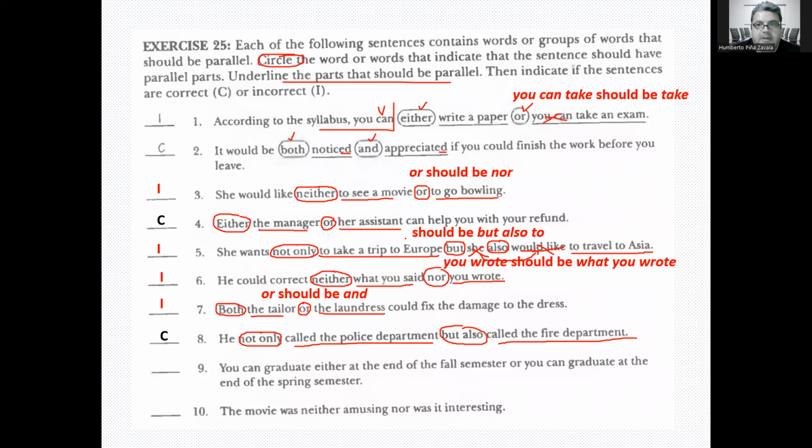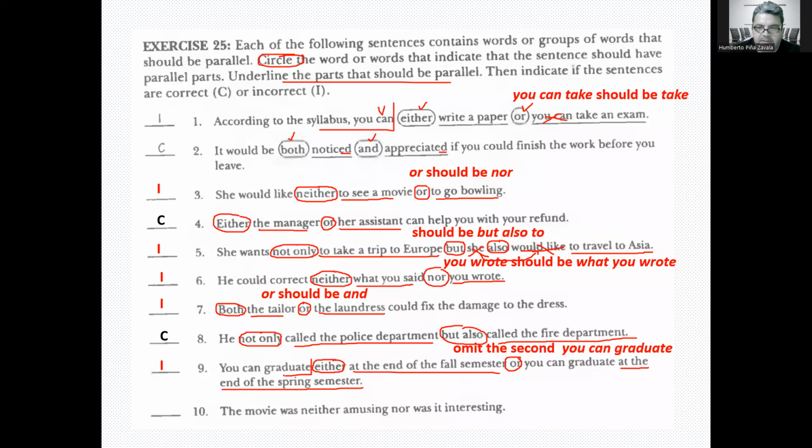So it's fine, right? Not only, but also. You can graduate either at the end of the fall semester or at the end of the spring semester. I think you can graduate those.